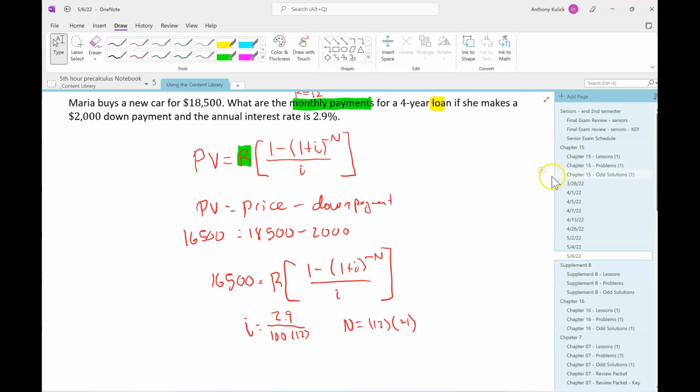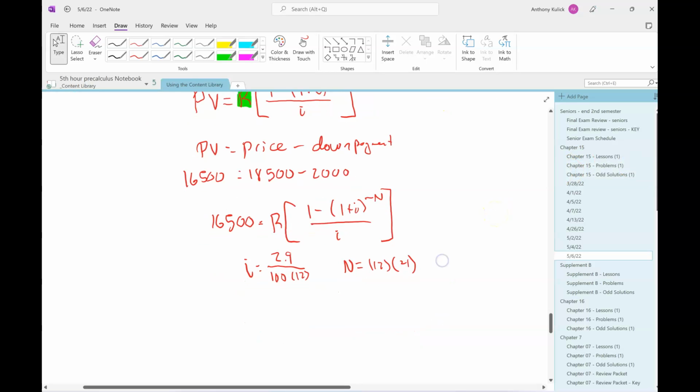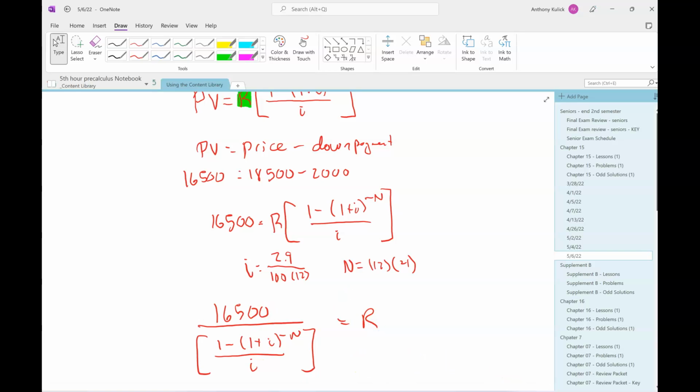Okay. So to solve for R, I'm just going to take that 16,500 and divide it by that whole big mama jam over there. So that's how I'm going to type this into my calculator.